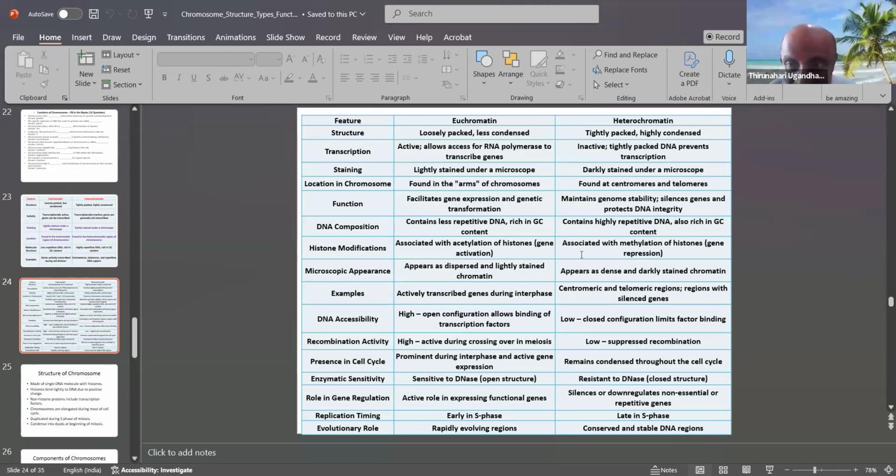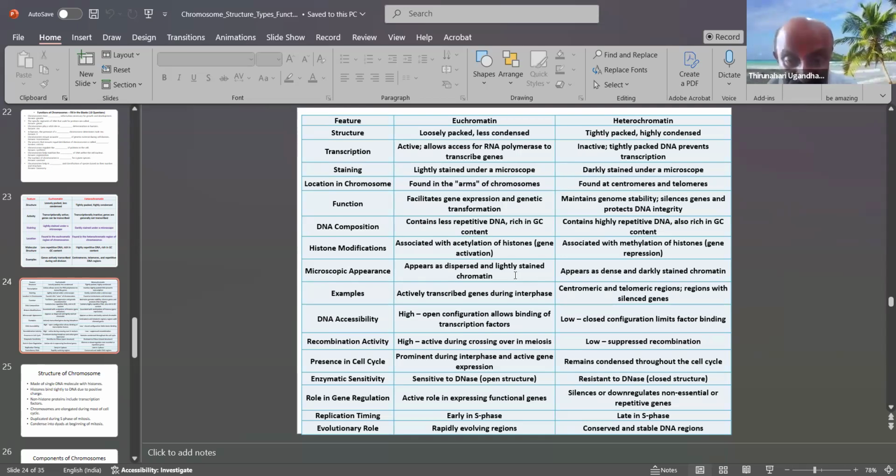In heterochromatin, it is associated with methylation of histones. Microscopic appearance: heterochromatin is highly condensed, and the chromatin appears and disappears. It appears as dense and darkly stained chromatin.